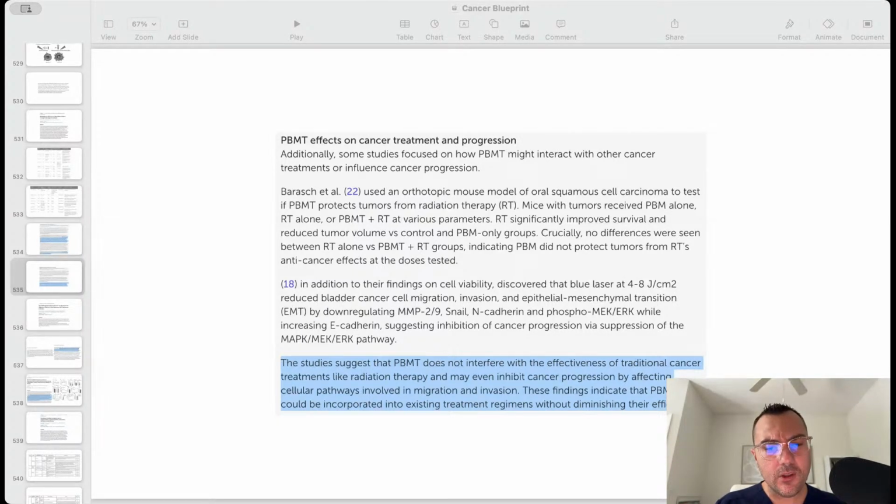So I want to really hammer that point home, because one of the things that's very irritating that I hear on a regular basis, and I don't think it's done out of malice in most cases, is that oncologists will tell patients that if you do IV vitamin C, or HBOT, or this ketogenic diet, or, let's just say, red light therapy, it's going to negate our chemo or radiation strategies, or they'll say it'll do nothing at all.